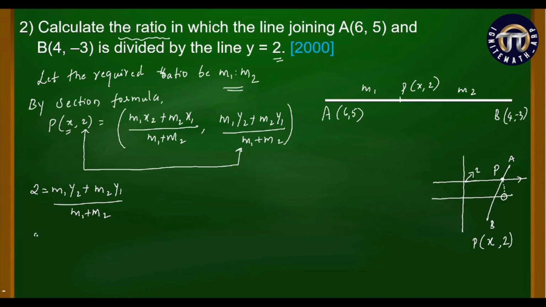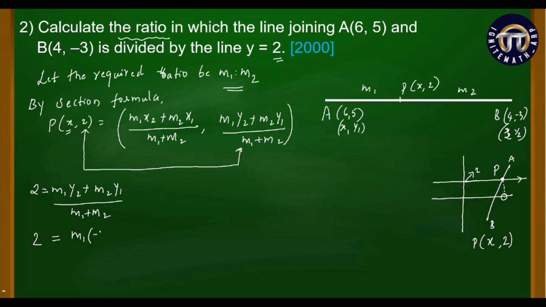So now directly I do the substitution. 2 is equal to m1, we don't know that, we are supposed to find out that, times y2. See here, this is my x1, this is x2 and y2, this is x1 and y1. So m1 y2, y2 is what, children?